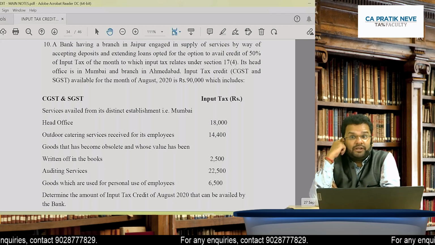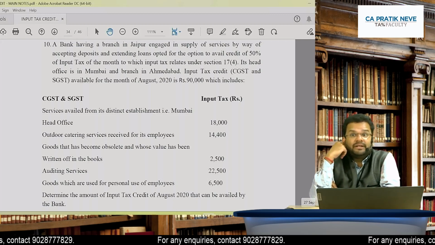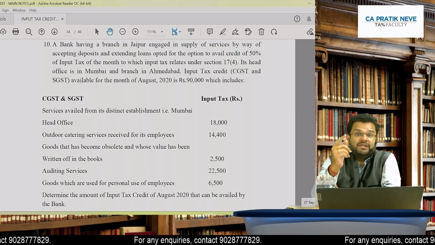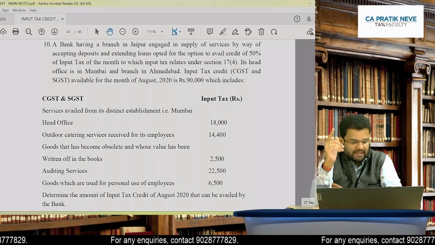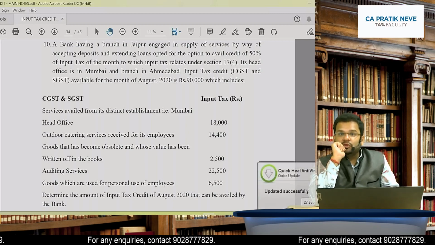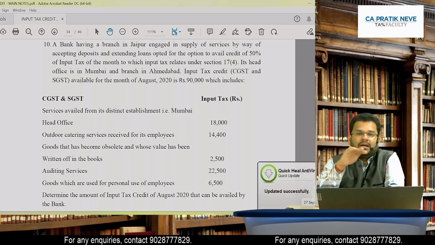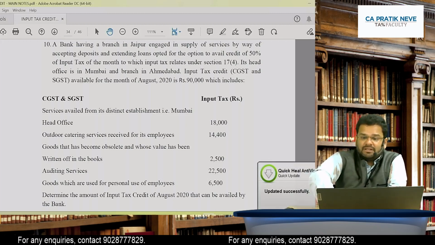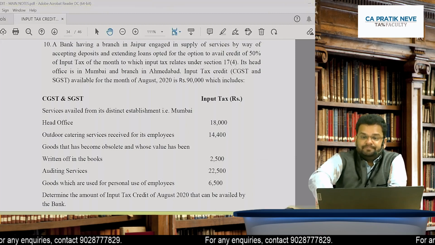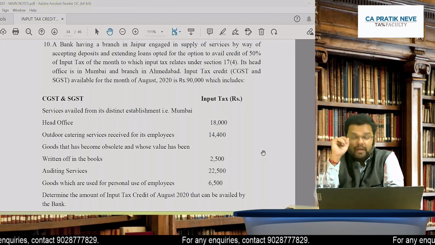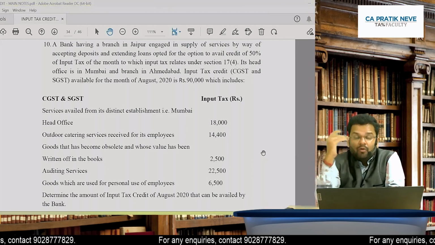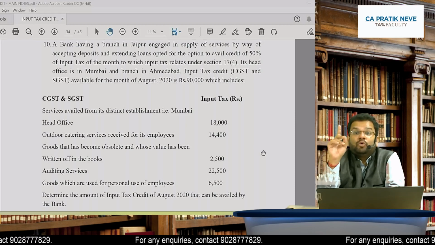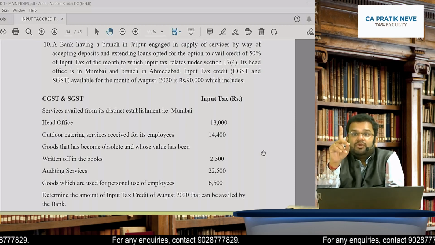It has opted for that option. So friends, whatever is the eligible ITC of that, you should take 50% and the balance 50% shall lapse. But the catch is eligible ITC. That is one thing. Secondly, when you are taking any goods or services from own branch, then you are allowed 100%.